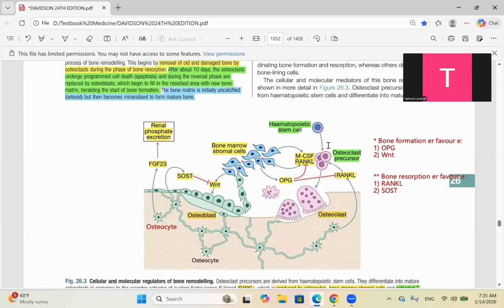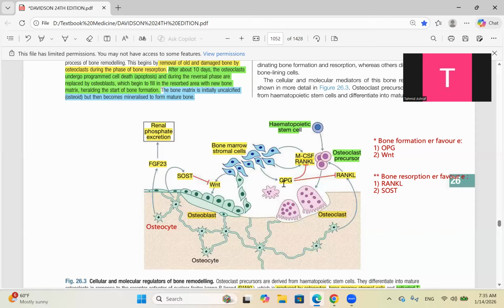So there are lots of factors. We will have to learn by 2 headings. One is which factors favor bone formation and which factors favor bone resorption. So factors favoring bone formation, not too much, only 2 factors. One is OPG, osteoprotegerin. We will know the spelling on this page. It is written somewhere. So we will not write the elaborated form here.